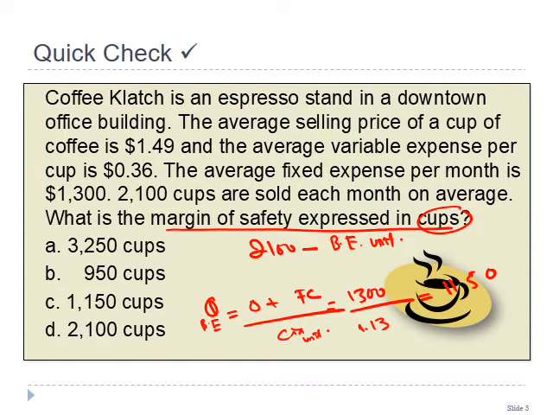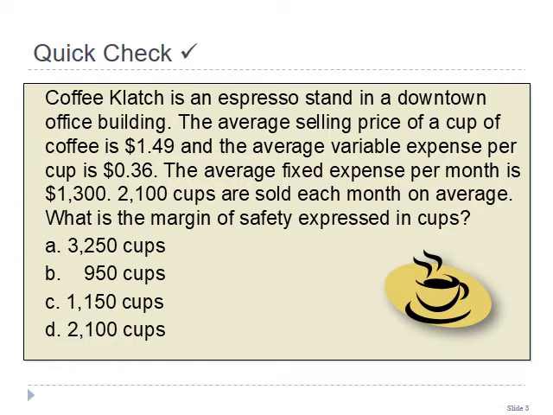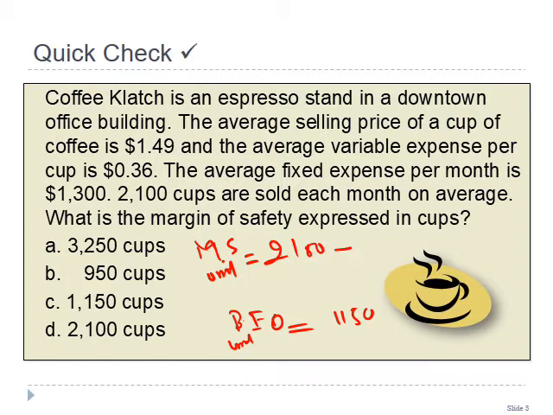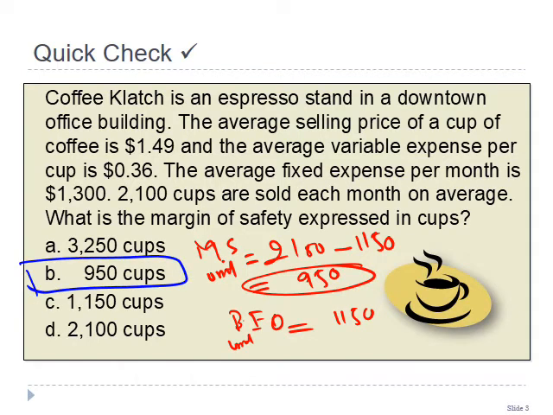So 1150 is our break-even quantity in units. So what is the margin of safety? Margin of safety in units is the actual or budgeted sales, which is 2100, minus the break-even sales, 1150. When you subtract, the answer is 950. So answer B is correct, right?